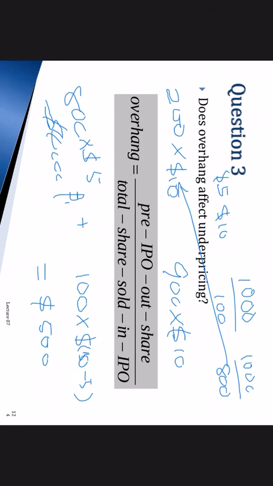So if you are the issuing company, you will be more concerned about the underpricing in this case. You are trying to reduce underpricing where you are selling a large portion of your shares at IPO. Okay, in this case, because you only sell a small portion of your shares at IPO, you do not care about the underpricing as much. So that is the explanation for this particular regression relation, which should be positive.